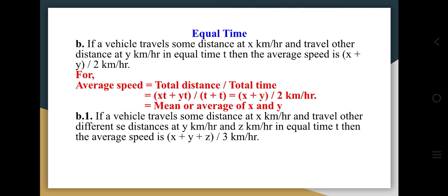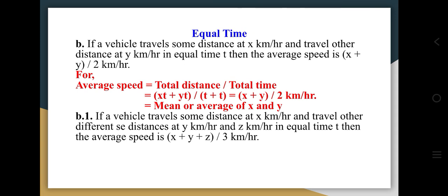So here the time is t, the first speed is x kilometer per hour, the second speed is y kilometer per hour. So what is the distance covered in the first travel?